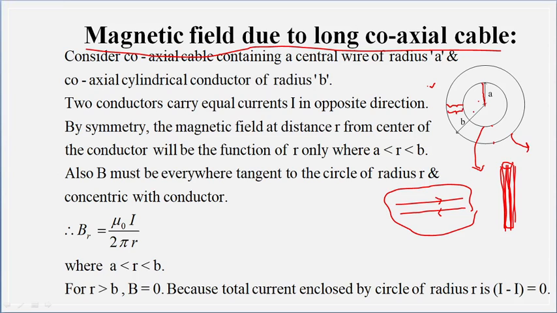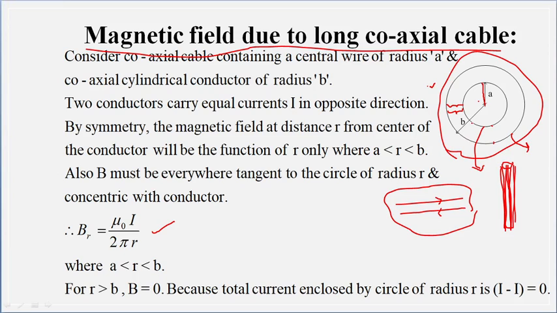That is due to the central wire, which is mu naught I divided by 2 pi r. This is what we have derived. Outside the cable, the field is zero. Another way of looking at it: if you take a closed path around this, through the central wire current may enter, and through the cylinder current may leave.